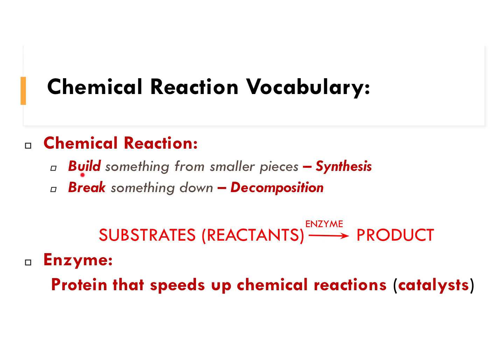Okay. So the first one is a synthesis reaction. These are reactions where you build something from smaller pieces. So I'm just going to give you an example of what a synthesis reaction might look like. So maybe we have element A plus element B. They're going to combine and make compound AB.